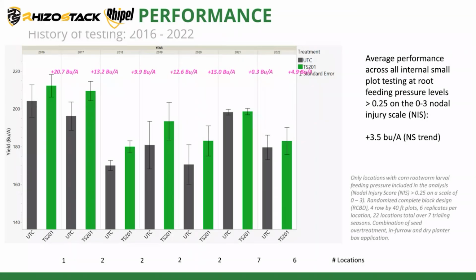But looking at that product across the years in performance, these are studies that were done on treated and untreated corn, multiple replications across multiple states. You can see the detail of the study over there on the right. We had 2016 at 20.7, then 2017 at 13.2, 9.9, 12.6, 15. And then, like I said, there's always that one instance where you call it a coin flip or a no response at 0.3, and then a 4.9. If you remember back to 2021, we were coming off of a really wet year in 2019, and even some areas were wet in 2020.